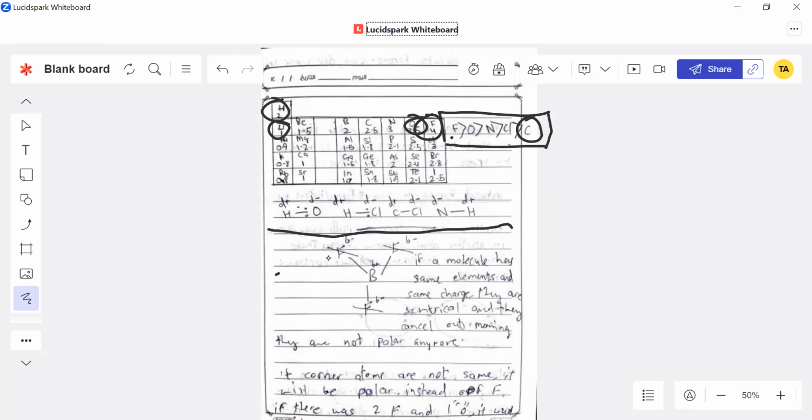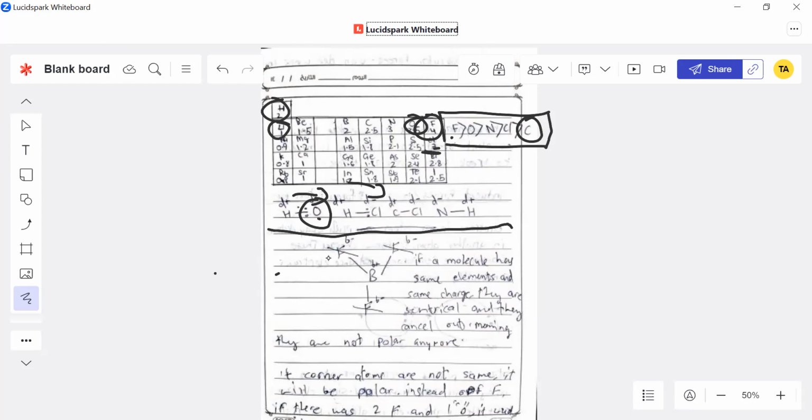So the difference between the electronegativities will cause polarity. Oxygen is more electronegative, so it pulls the electrons towards itself. So this causes it to become polar. Similarly, with hydrogen and chlorine, chlorine is more electronegative. You can see chlorine is 3, whereas hydrogen is 2. So chlorine pulls electrons, and this becomes a polar molecule.